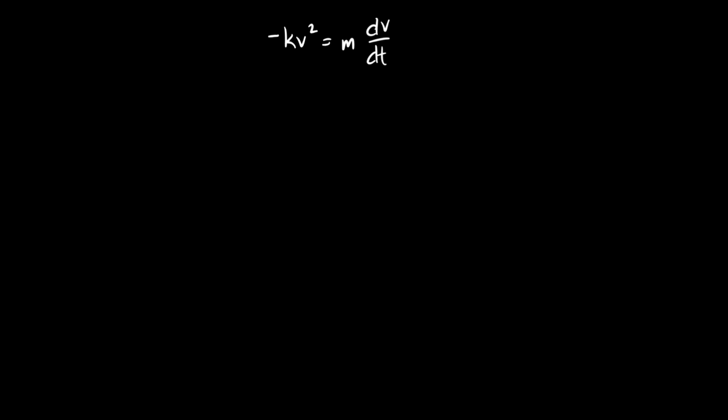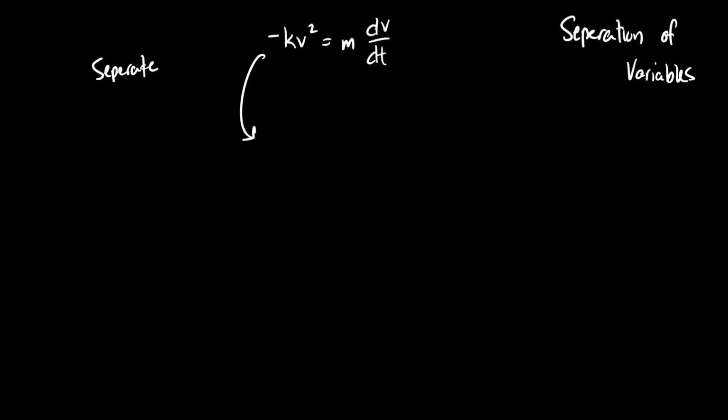Separation of variables is what we're going to do. And when you hear me say that, I am telling you that there's a specific set of steps I want you to do. The first step is to separate the derivative.